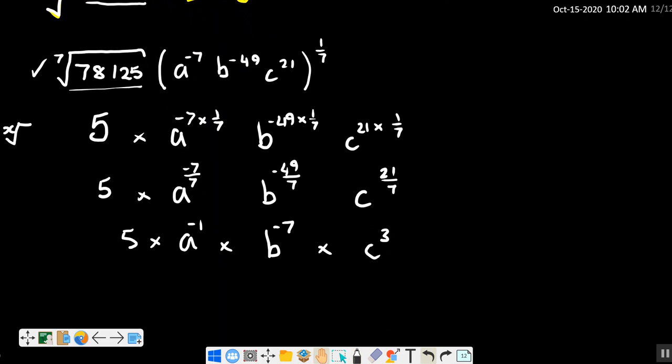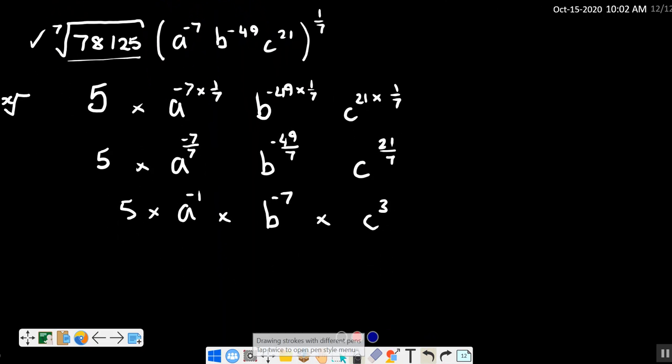Is there any more simplifying to be done? No, we can't. There's a, b, and c, they're all separate. But we could stop and say it's 5a to the negative 1, b to the negative 7, c to 3.